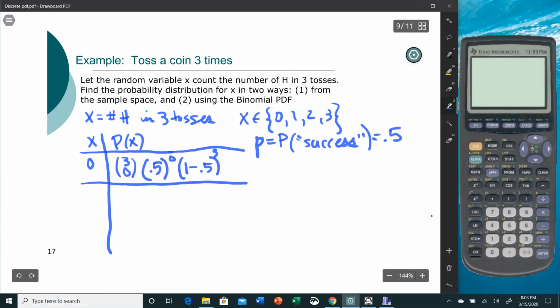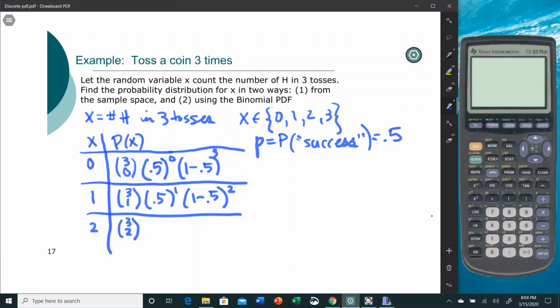If we want to know the probability X is equal to 1, then it's 3 trials choose 1. Success occurs 1 time, and failure occurs 3 minus 1 times, or 2 times. Probability X is equal to 2: there are 3 trials, and we want 2 of them to be heads, so it's 3 choose 2 ways of that happening.